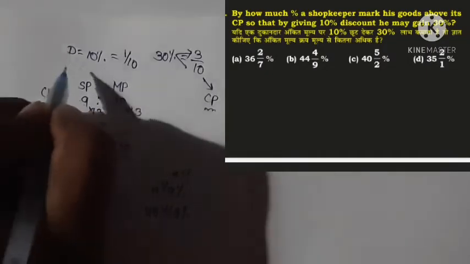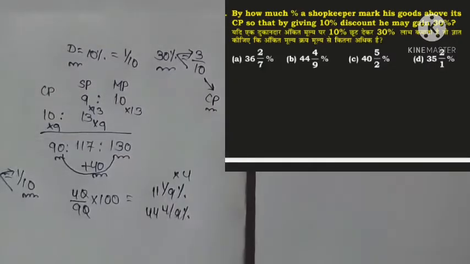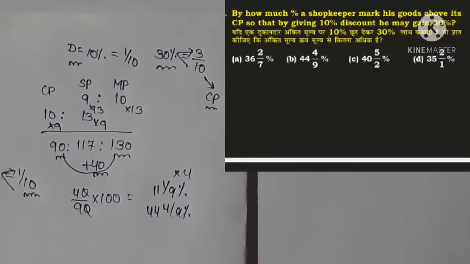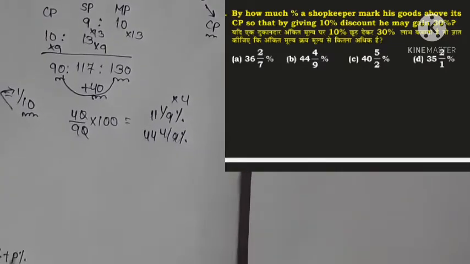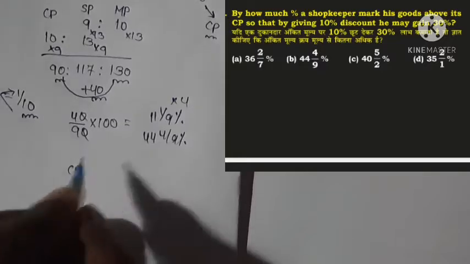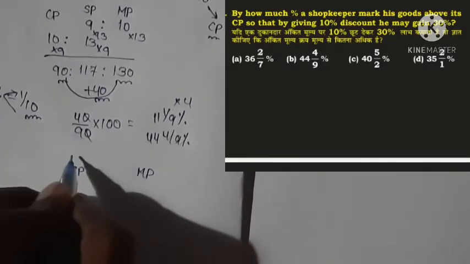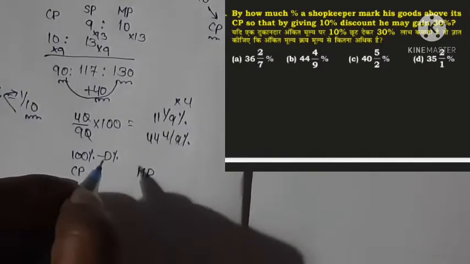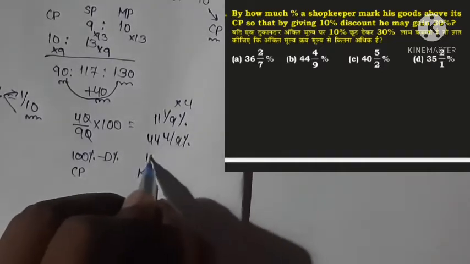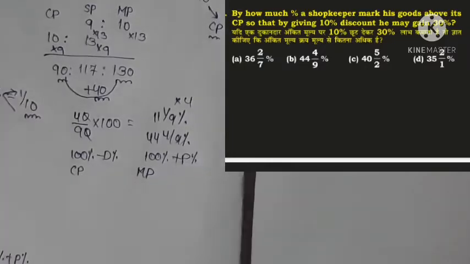So whenever discount percentage and profit percentage are given, we can solve this problem directly by using the relationship of cost price and market price. The cost price is 100% minus discount percentage. The mark price is 100% plus profit percentage.